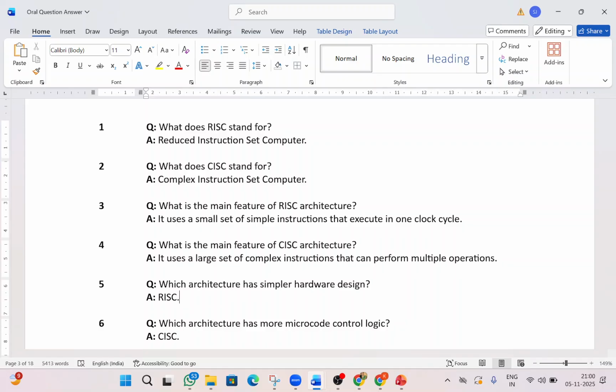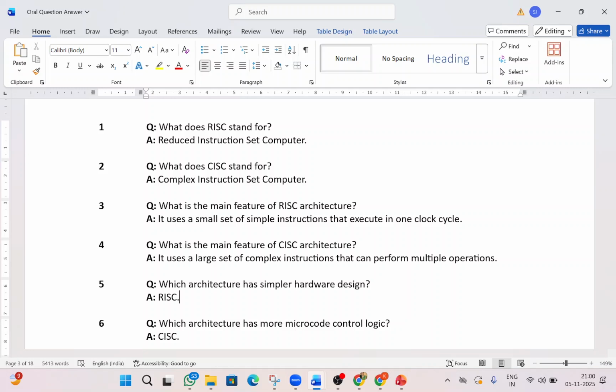The third question. What is the main feature of the RISC architecture? The main feature is a small set of simple instructions that execute in one clock cycle.